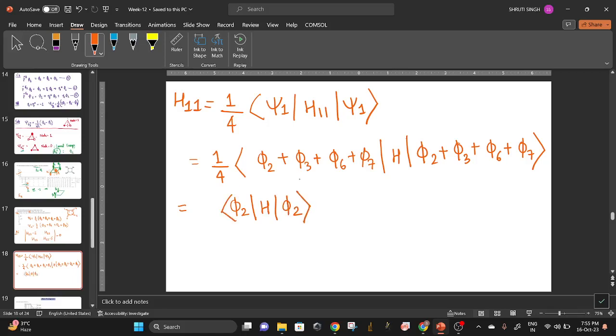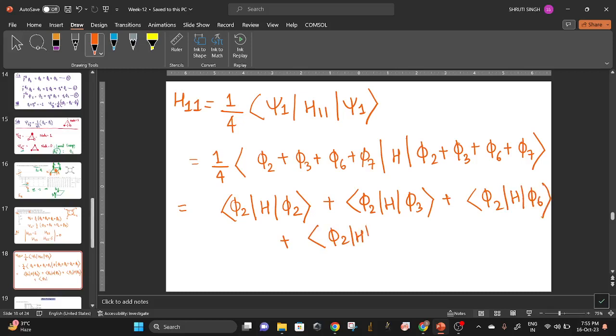I will write with 1. Okay. Now if we do the same thing, we will get these 4 integrals only. So we will get all of this 4 times.